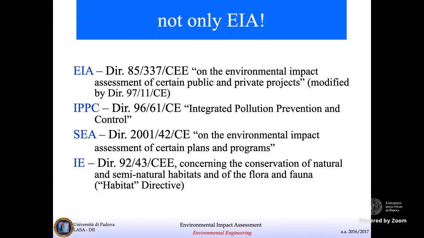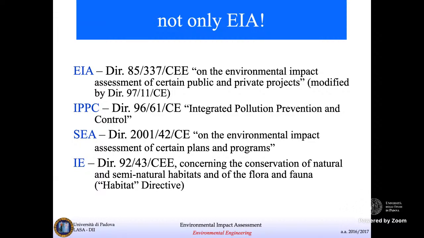I'm thinking here of the plans that, in Italy, we call the plans for the implementation of public works.